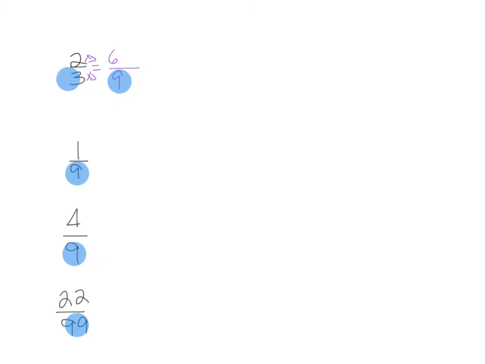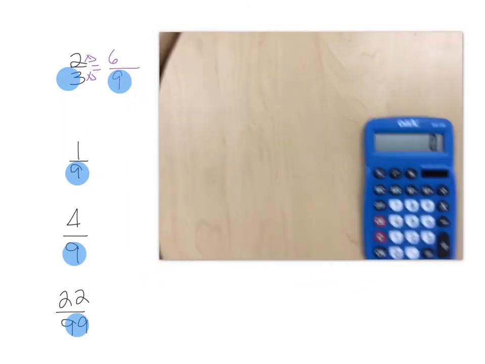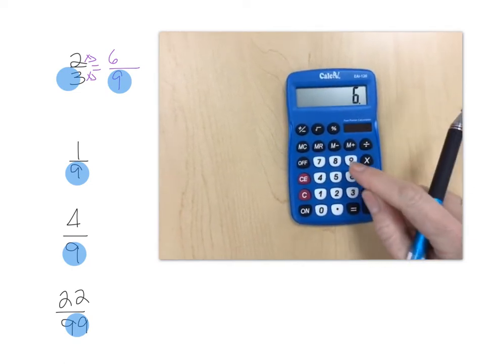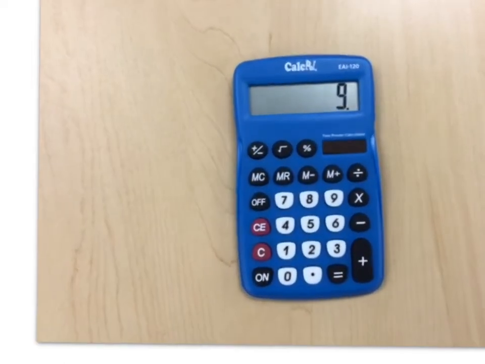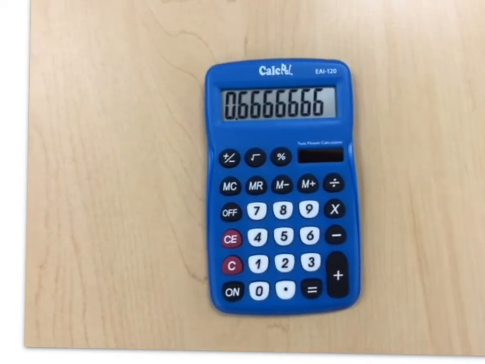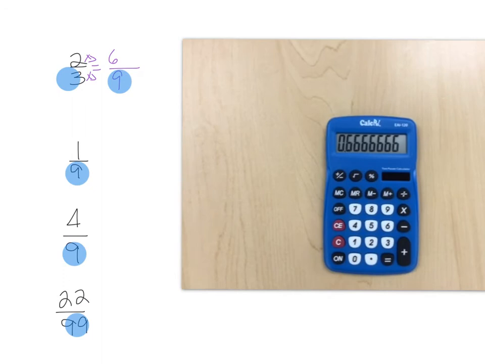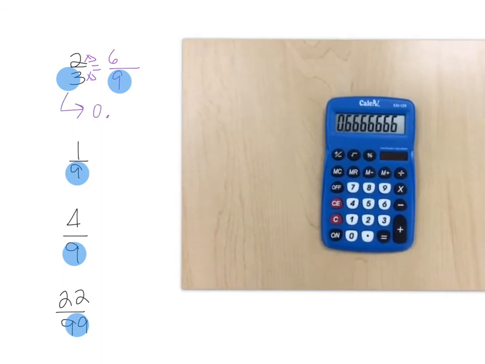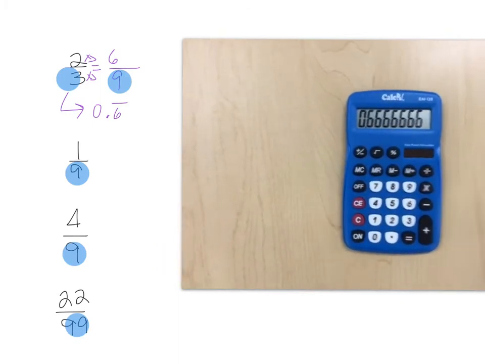Now, on your calculator, if I was to do the first problem, which is 6/9, you would do 6 divided by 9, and you would get 0.6 repeating. So we know that 6/9, which is the same thing as 2/3, is 0.6 repeating.